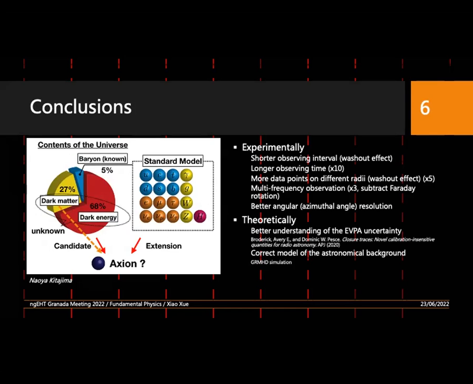Here I mention a paper, the closure trace method proposed by Avery Broderick, which is supposed to be able to improve the EVPA uncertainty by a great margin. And we also need to create a correct model for the astronomical background, which I believe GRMHD simulation can give us a much better understanding of.